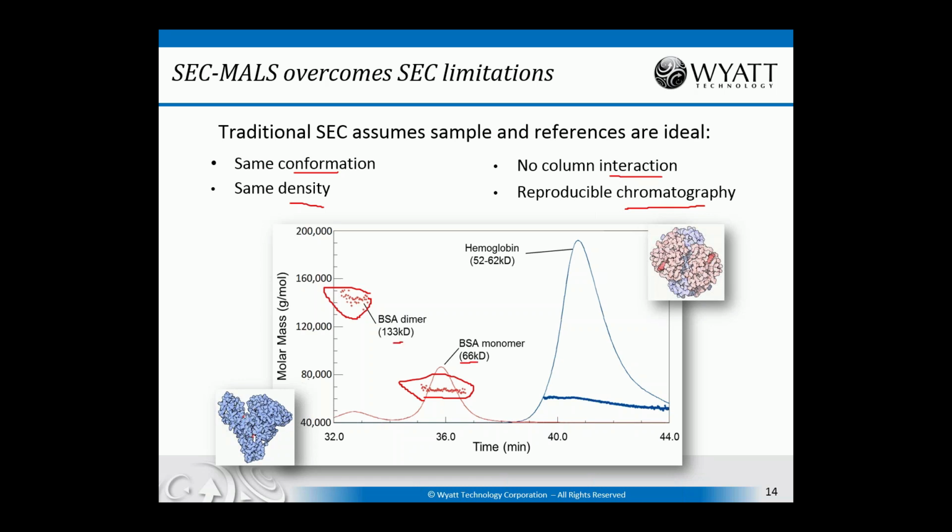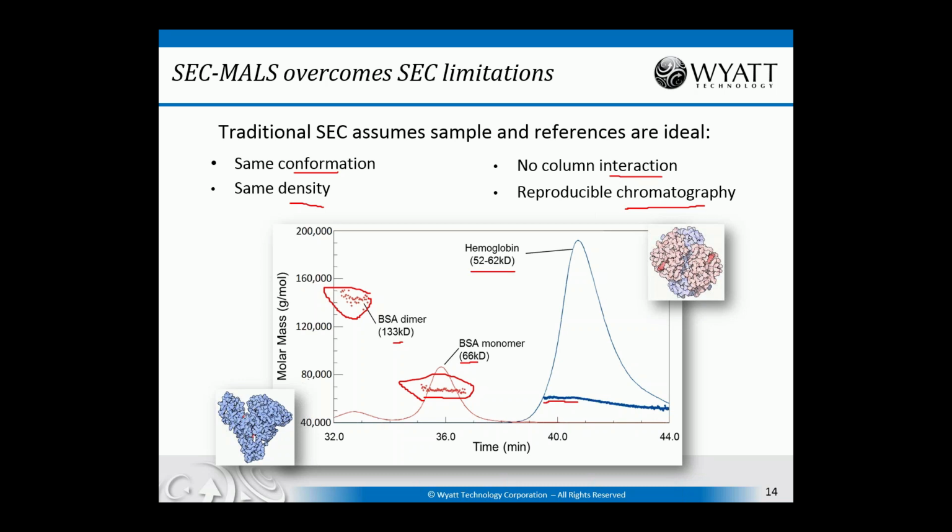Hemoglobin, run on the same column under the same conditions, elutes much later. And so based on standard column calibration, you would expect that the molecular weight of hemoglobin is much lower than that of BSA monomer, but in fact that's not true. Light scattering tells us the correct answer, that it is in fact about 62 kilodaltons. At least the leading edge of the peak is 62 kilodaltons.